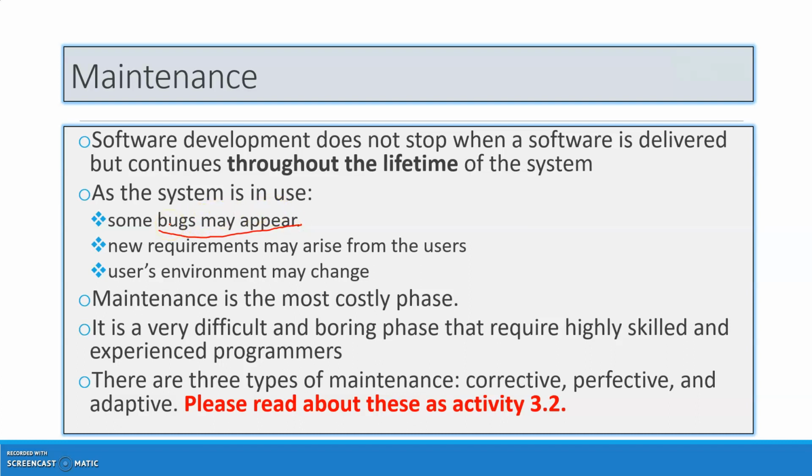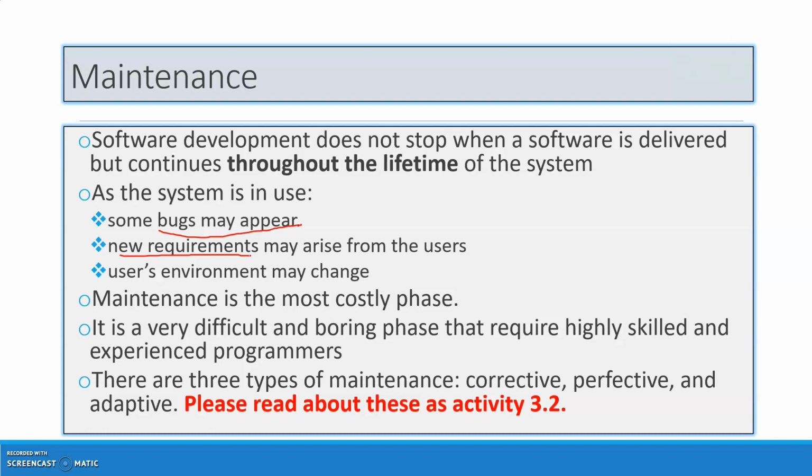So there will be those bugs appearing, and of course new business requirements will change. So there may be a need to upgrade our systems. For example, maybe tax rules have changed. Previously, for example, we are using 45,000 tax-free band for maybe salaries or incomes, but now it has changed to 100,000.